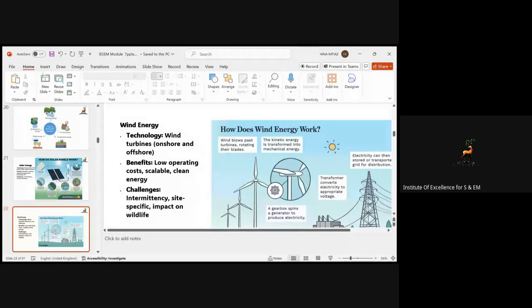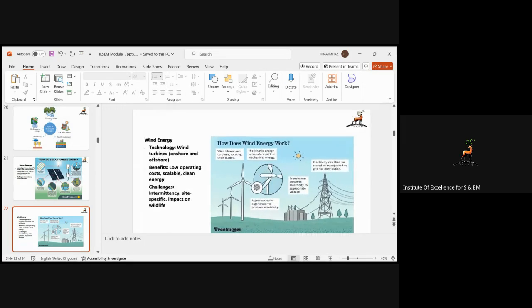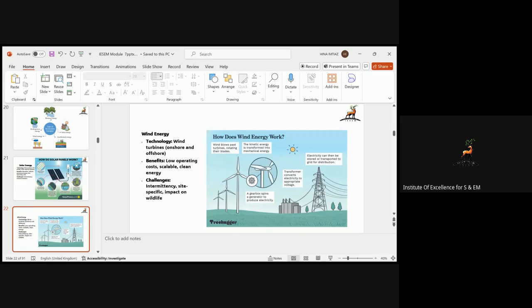So we have to be very careful about the selection of the site for installation of the wind turbines. And it always impacts wildlife, because these blades are very dangerous for birds and other wildlife. So this is the challenge which comes with using wind energy.